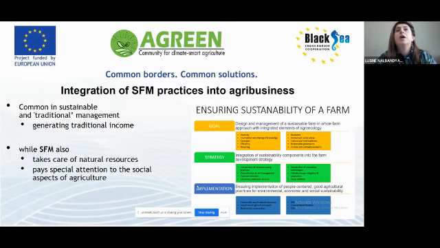If the agribusiness is very environmentally friendly and has good social connections, but the economic viability is not that high, then the sustainability is damaged again. So sustainability can be achieved only when these three are in very good relationships and good interconnections.